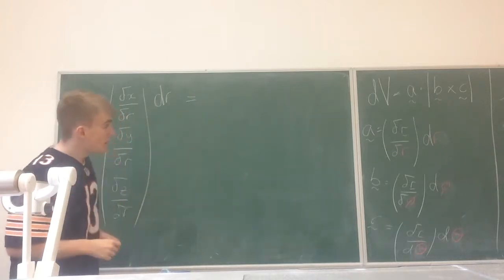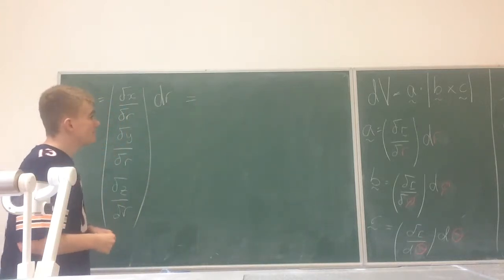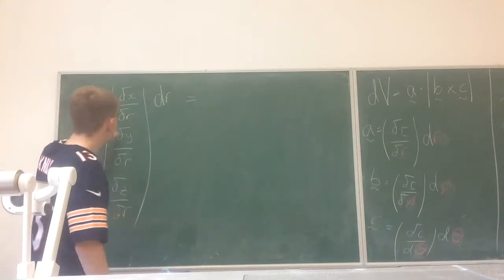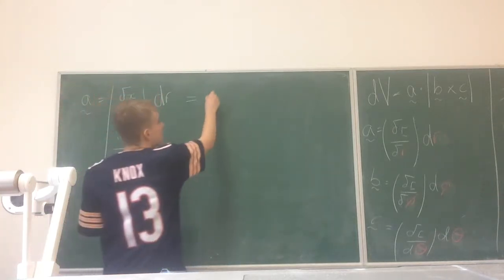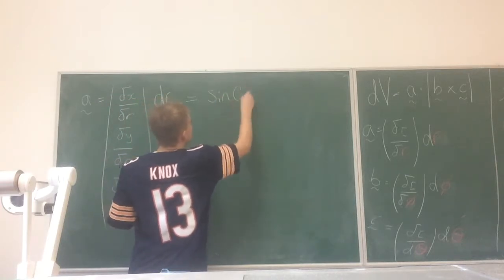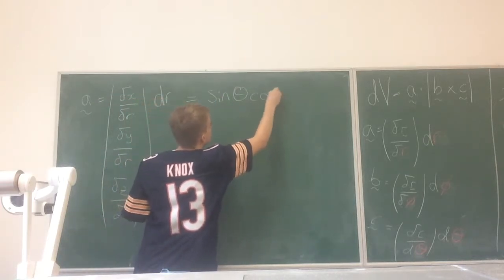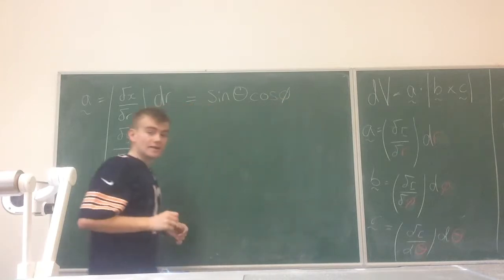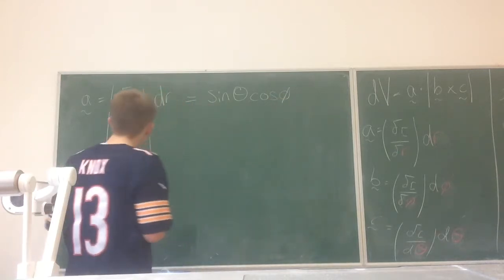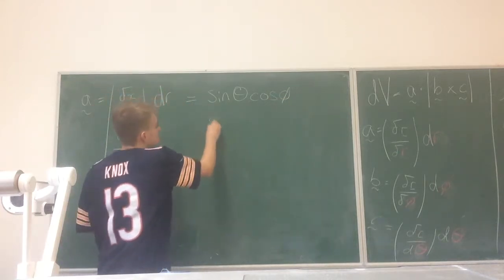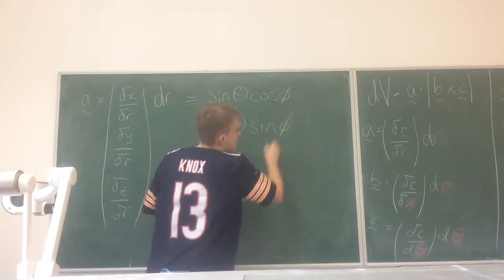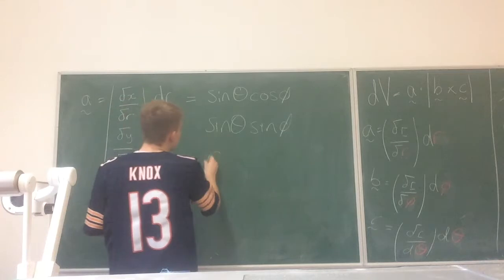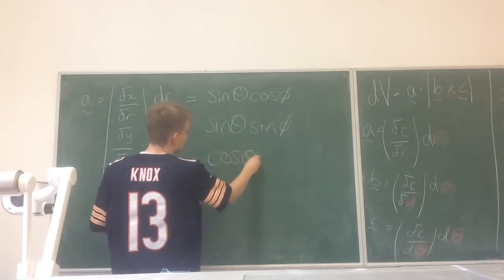Okay, so this is where we have to do some derivatives. So dx over dr, using the definitions we had earlier, which hopefully you still have somewhere, just gives us sine theta cos phi. Okay, dy over dr just gives us sine theta sine phi, and z we just have cos theta.